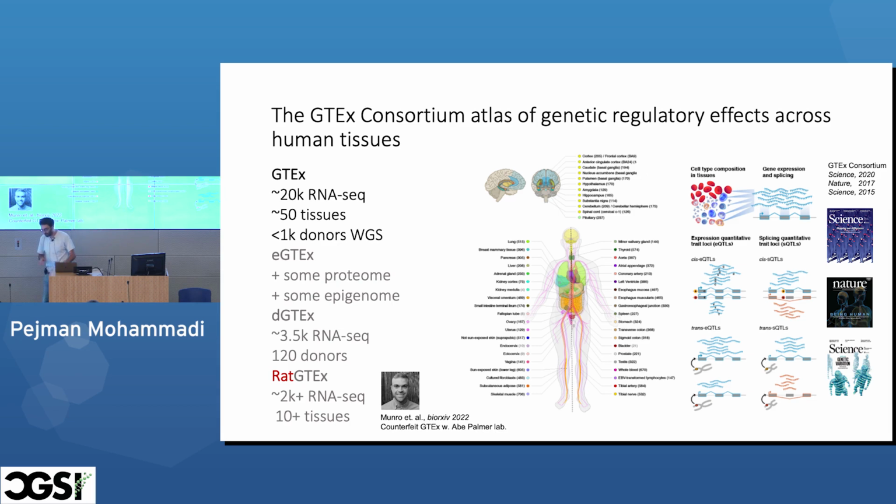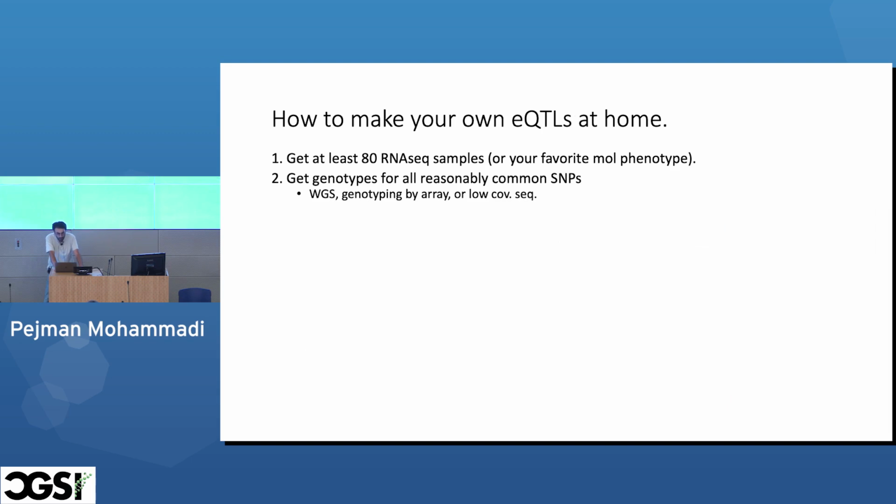Something I thought would be good to point out is that we could use all the visualization and data sharing tools developed by GTEx to present all this data so that it would be user friendly. That's a good thing about what was done with GTEx, so if you have your favorite animals, you could also use the tools made by GTEx.